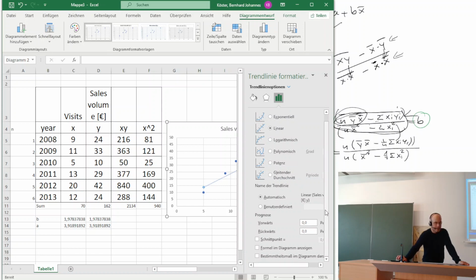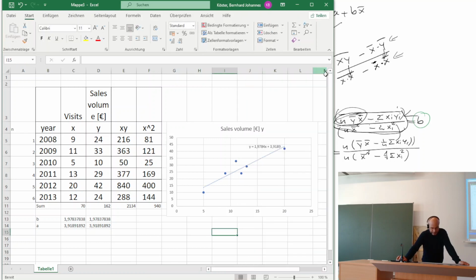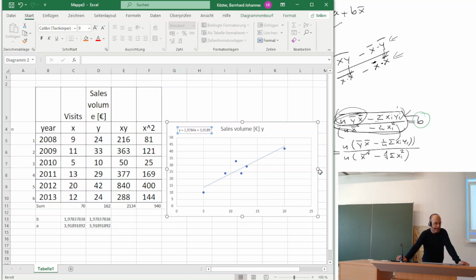And we want also to know what the numbers are, and here you have the option to get out the formula. And what a surprise, 1.9 plus 3.9 you have here too.